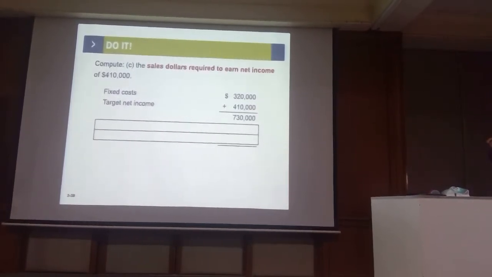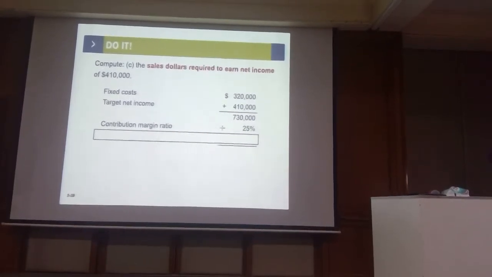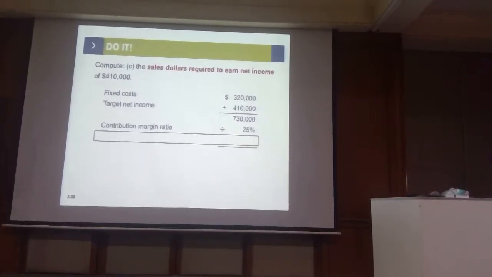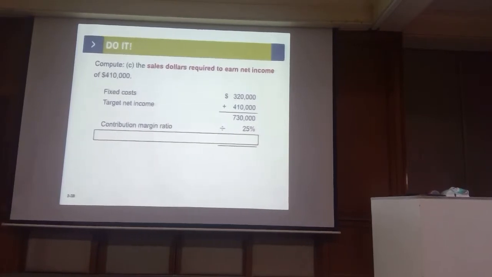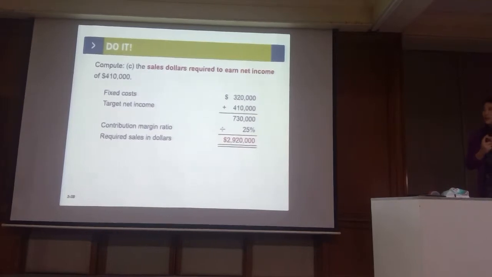So we need 730,000, and our current margin ratio equals 25%. As a result, we need to have sales of 2.92 million in order to earn our target net income. Okay.